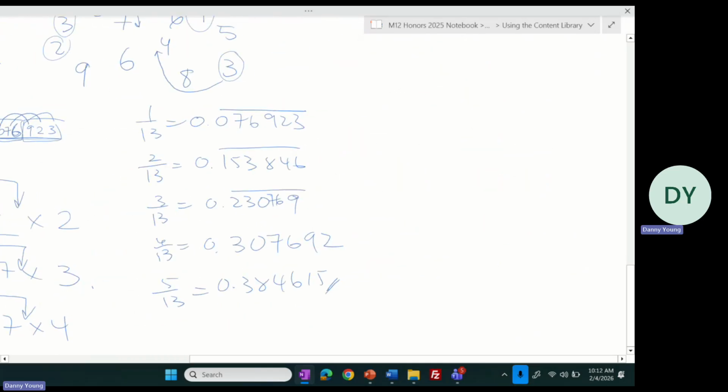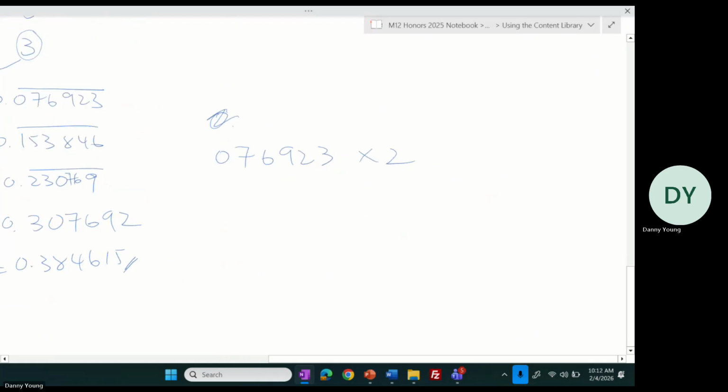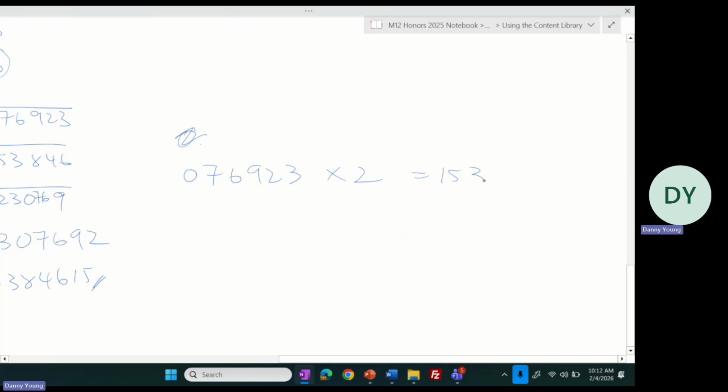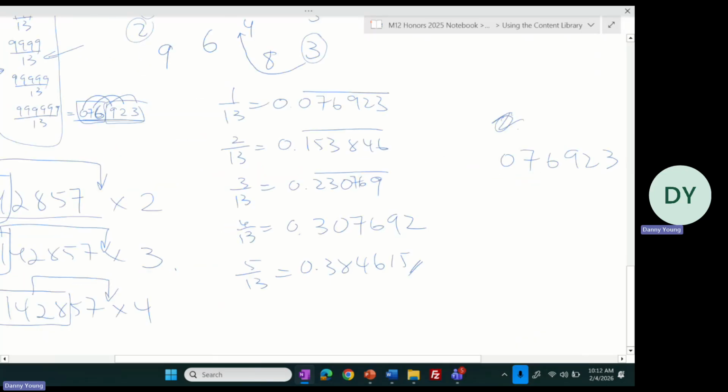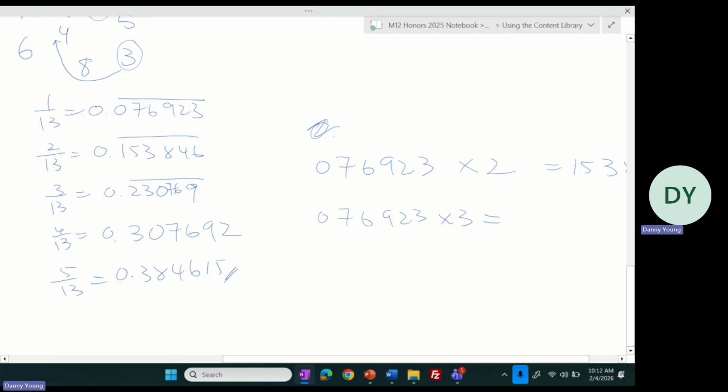So basically, if I have 0.76923 times 2, what does that give you? You get 153,846. Nothing gets moved to the back. But if I times this by 3, you begin with 2, 3, which means that all of this gets moved to the back.